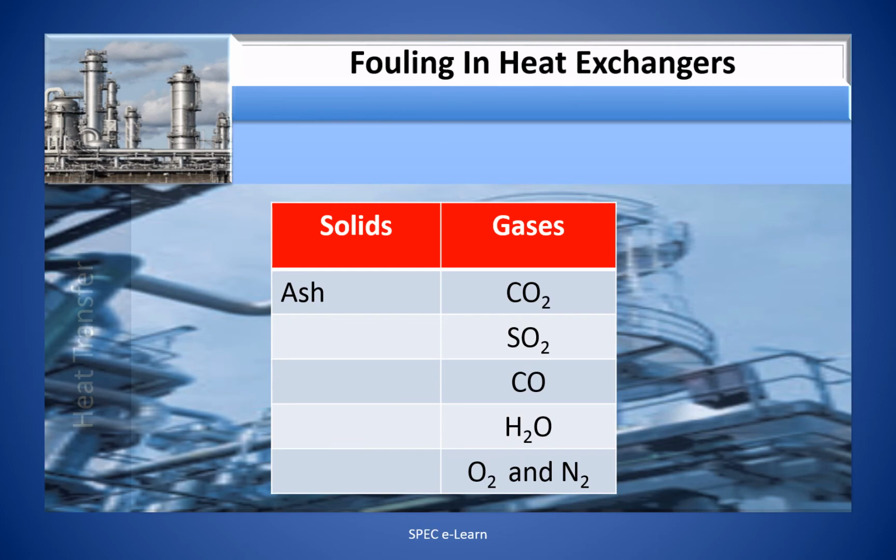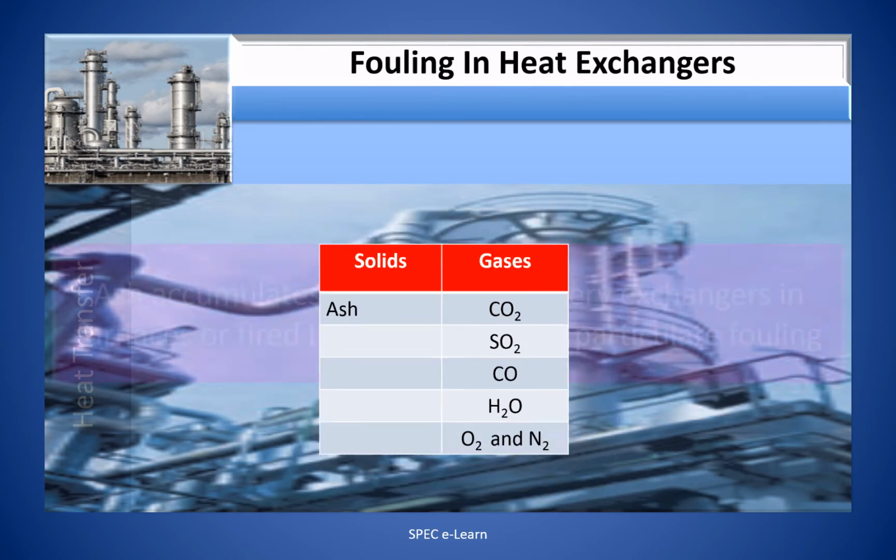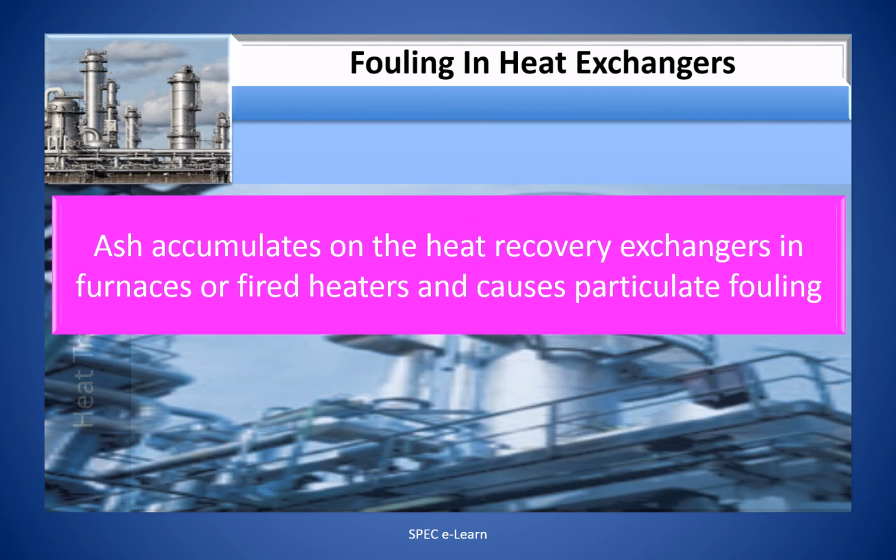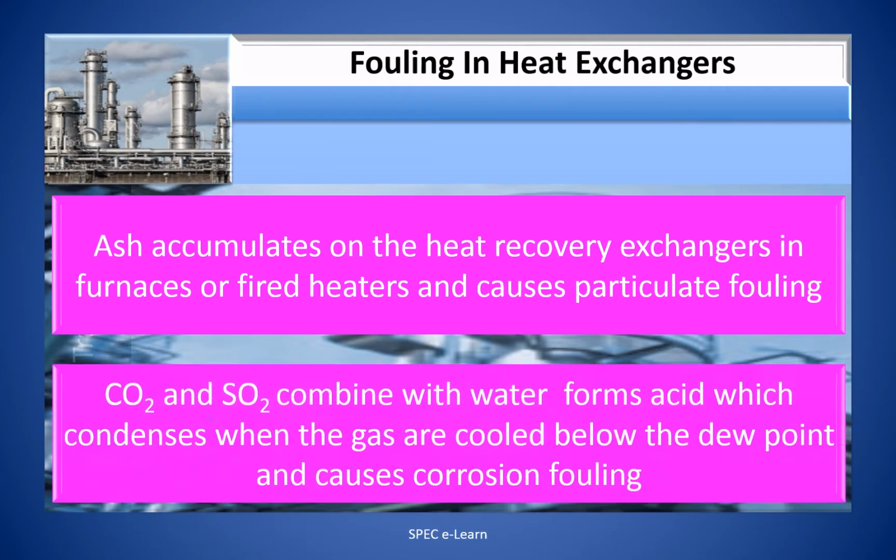water, oxygen, and nitrogen. Ash accumulates on the heat recovery exchangers in furnaces and fired heaters and causes particulate fouling. CO2 and SO2 combine with water to form acid, which condenses when the gases are cooled below the dew point and causes corrosion fouling.